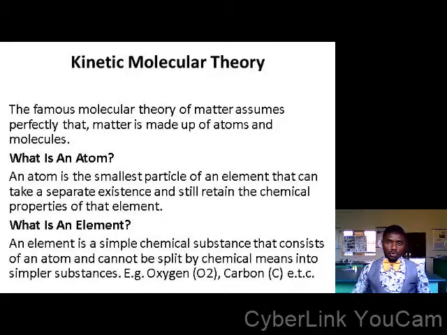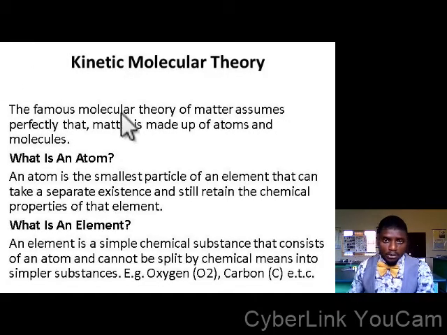And so when you add heat to the system, you try to break the bond that is holding the molecules of the matter together. And then when the bonds are broken, that is when change of state starts to take place. This is simply the kinetic explanation of the kinetic molecular theory.